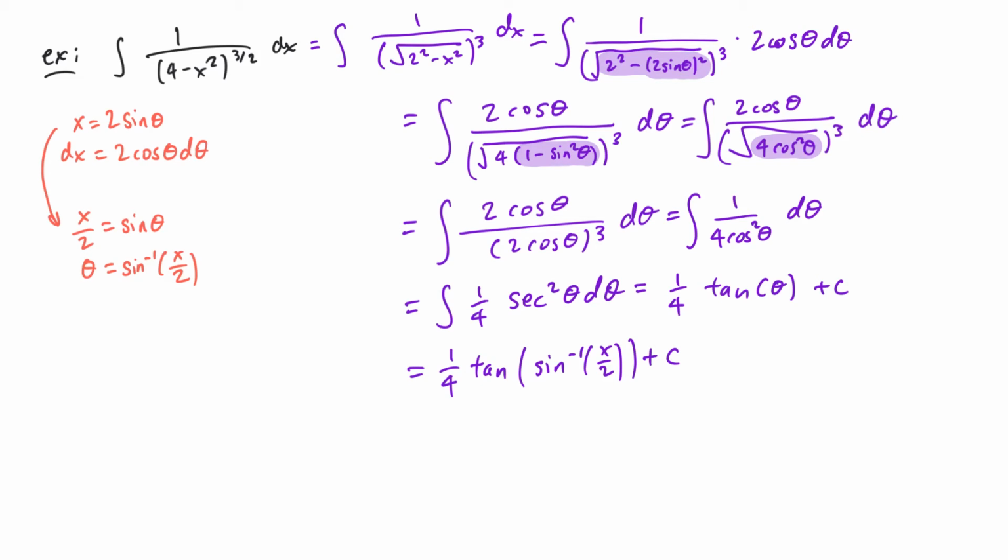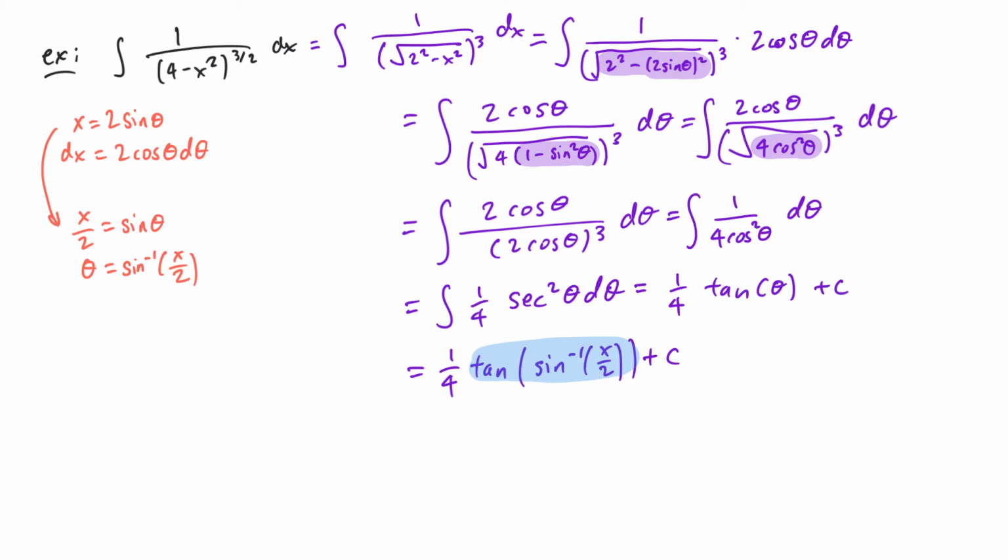Again, what we can do is simplify this expression. We have the tangent of arc sine of x over 2. Now let's start with the arc sine of x over 2. What I want to do is imagine a right triangle and think about arc sine of x over 2 as some angle in that right triangle. Now if we remember from trigonometry, sine of an angle is opposite over hypotenuse.